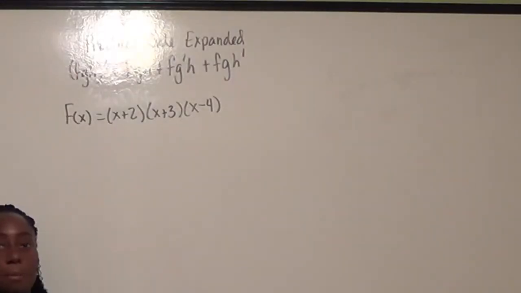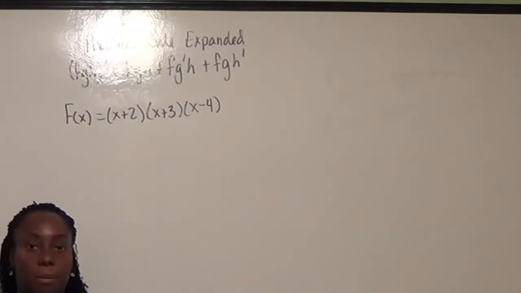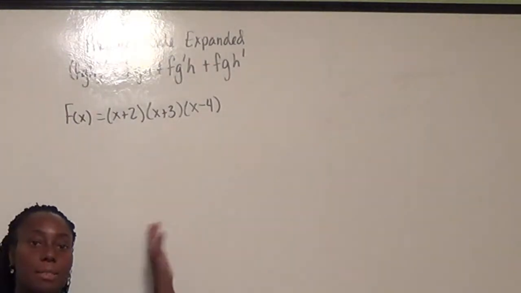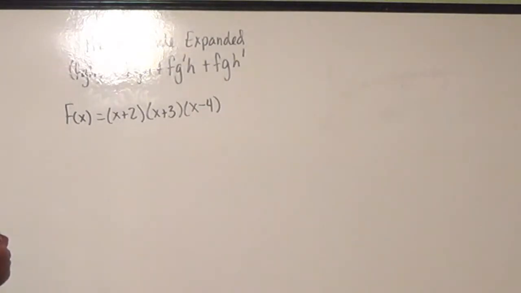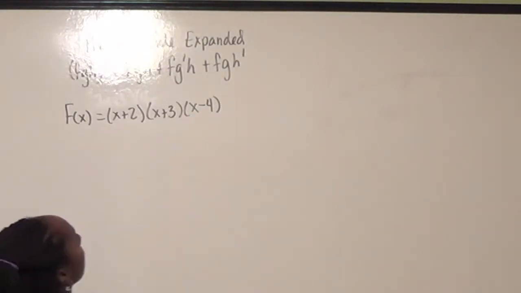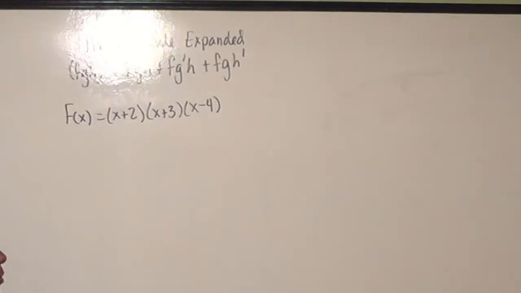So let's look at an example, an example of the expanded property of the product rule. In this case, we've got f of x equaling x plus 2, x plus 3 times x minus 4.